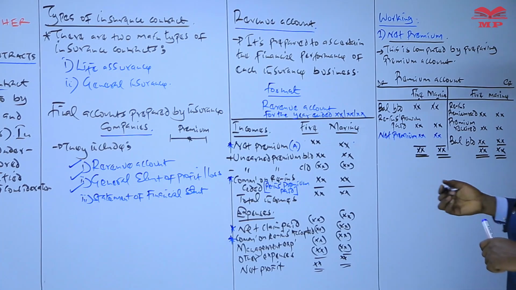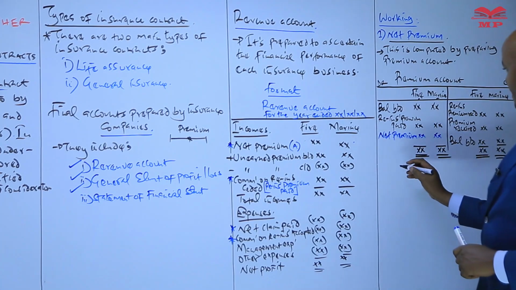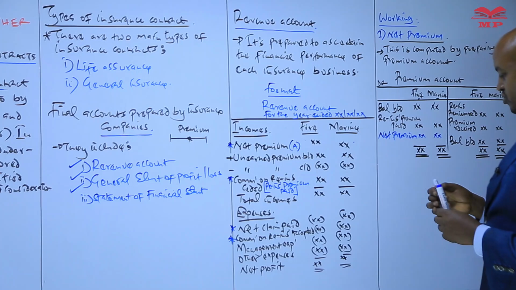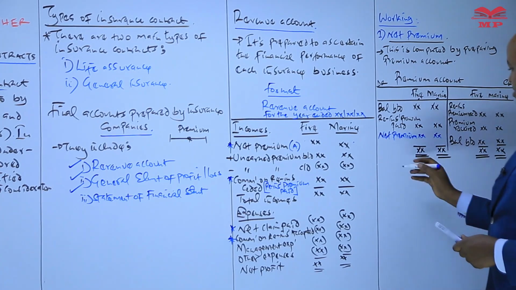Then from there we have the other item number 2, commission on reinsurance ceded.